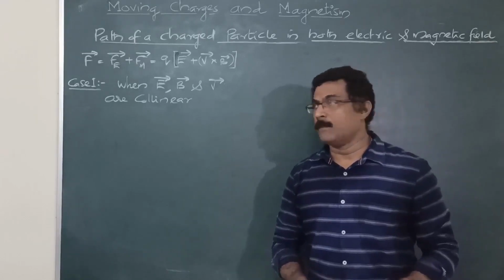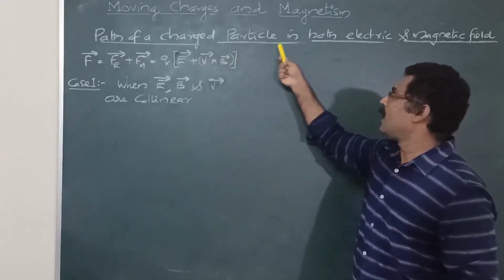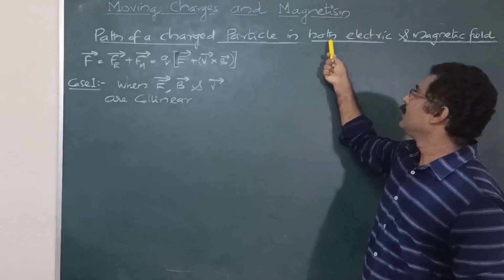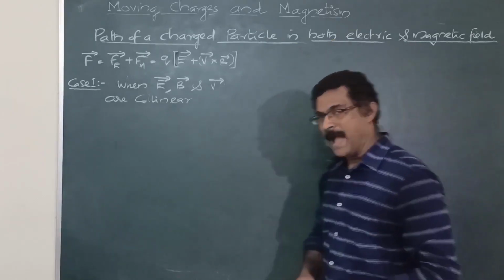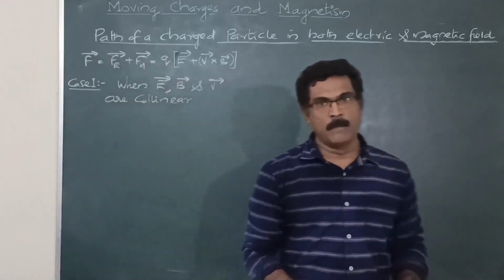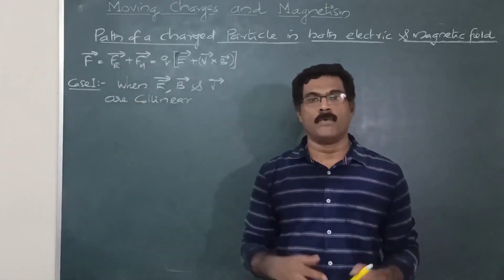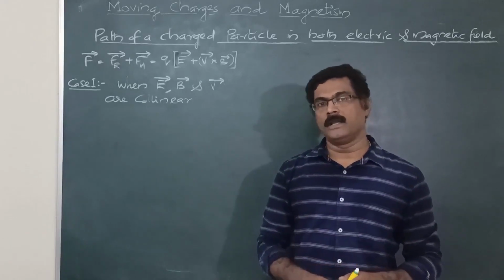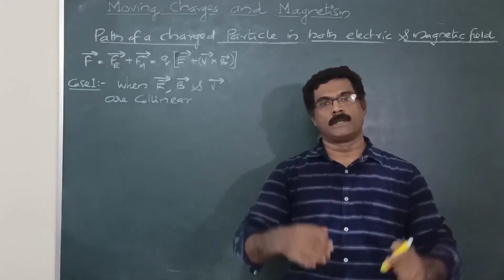Now we want to discuss the path of a charged particle moving in both electric and magnetic fields. In the last session we studied the motion of the charged particle in a uniform magnetic field only, but here both fields are present.